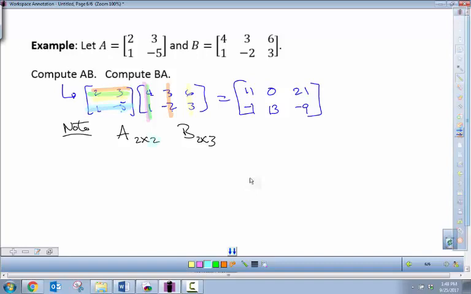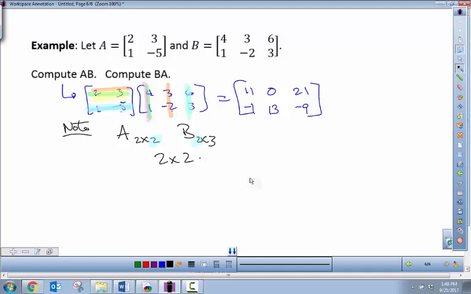And whenever I swipe my highlighter on the second matrix, I'm swiping down, so I'm counting the number of rows there. So it turns out that when you're doing matrix multiplication, the number of columns for the first matrix has to be equal to the number of rows in the second matrix.